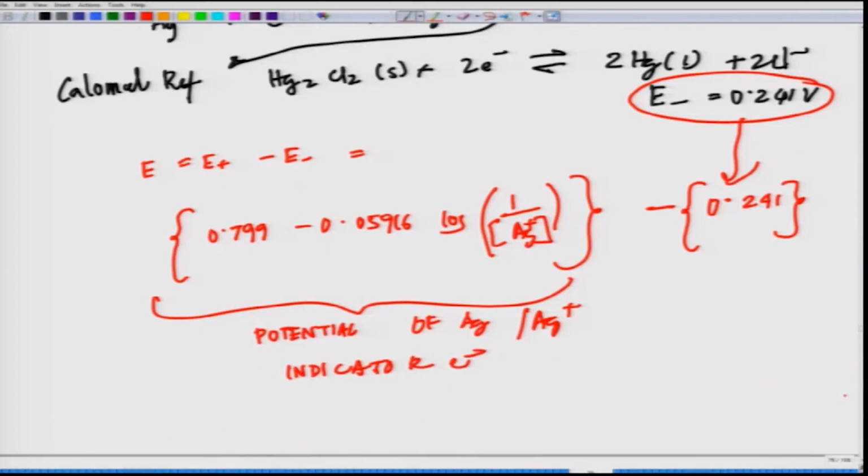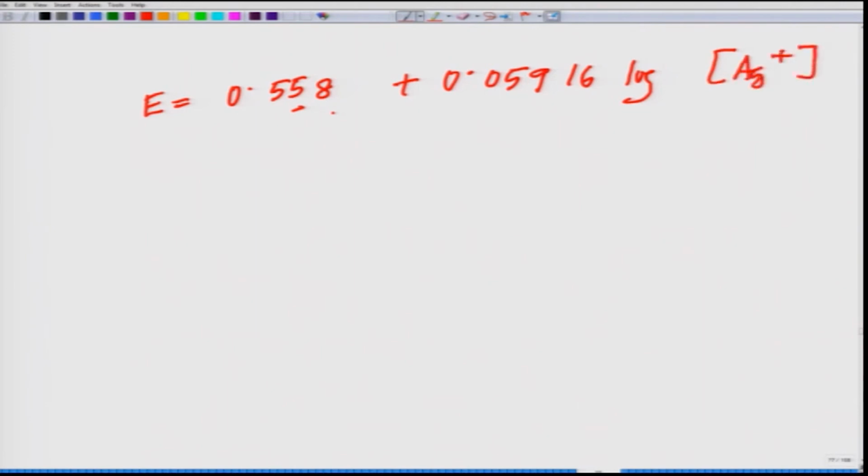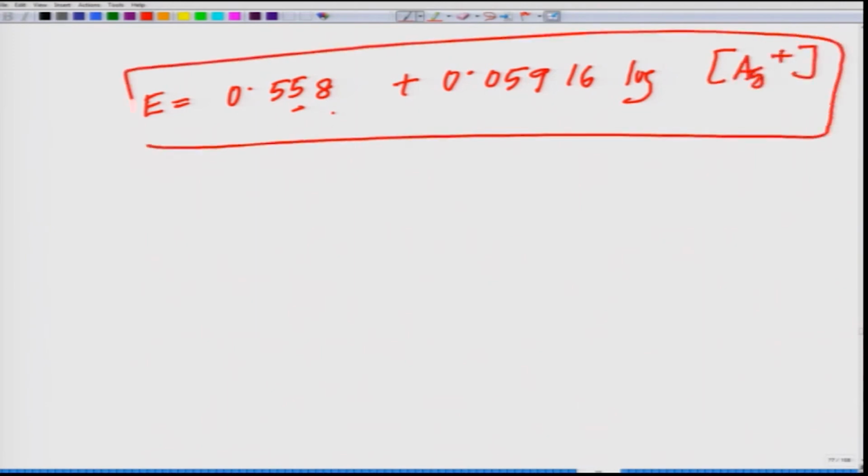So, now if you calculate, E is equal to 0.558 plus 0.05916 log Ag plus. Now, this is your unknown.